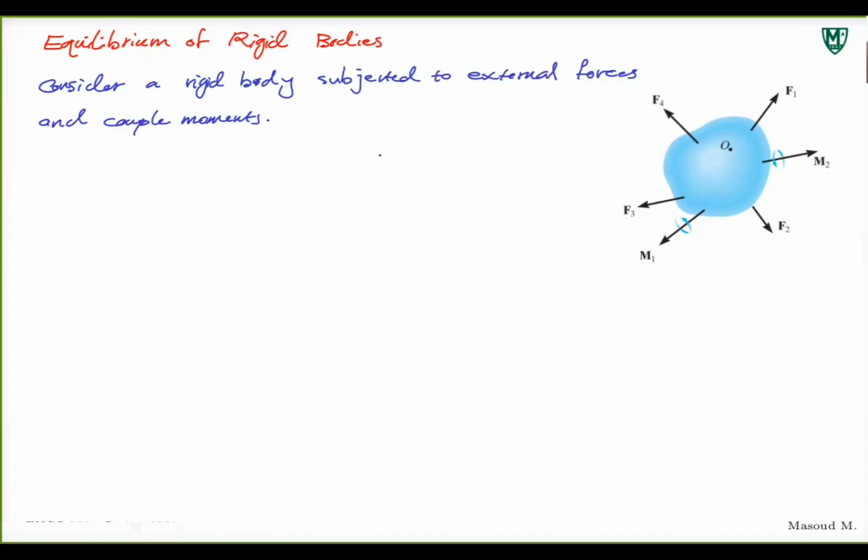So when we are in equilibrium, by Newton's first law, remember we were talking about particles, the summation of all the forces should be zero. Added to that, let's bring up the two things.